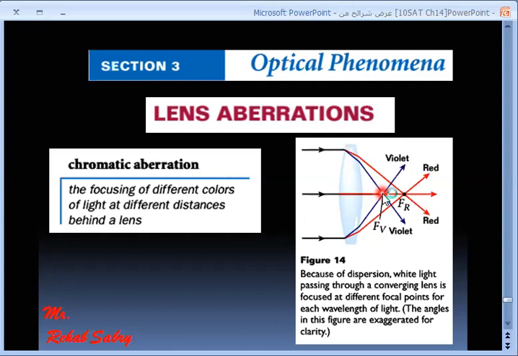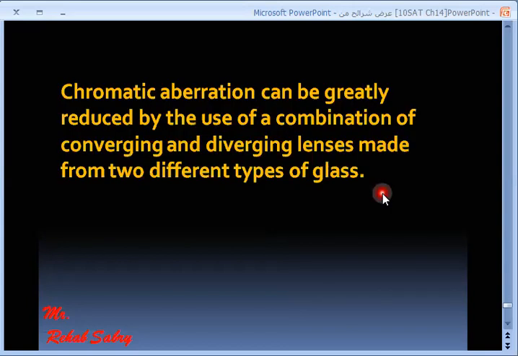This is called chromatic aberration. When I said interference, I didn't mean interference of light; I mean two colors superpose.